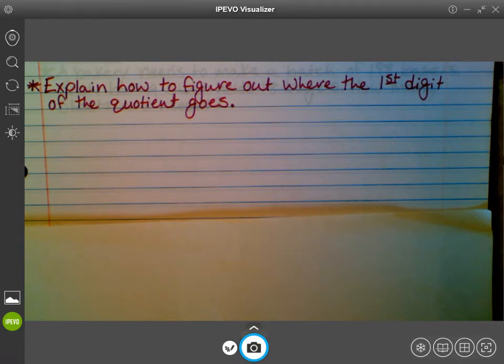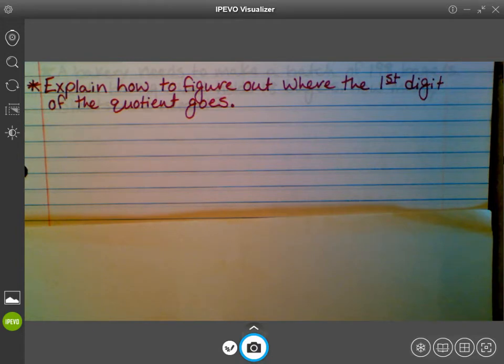Explain how to figure out where the first digit of the quotient goes.